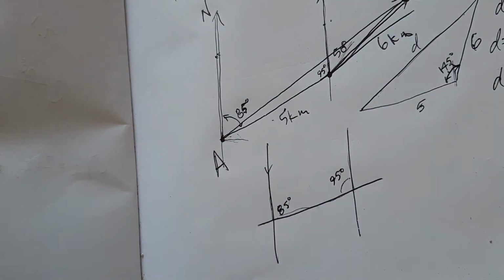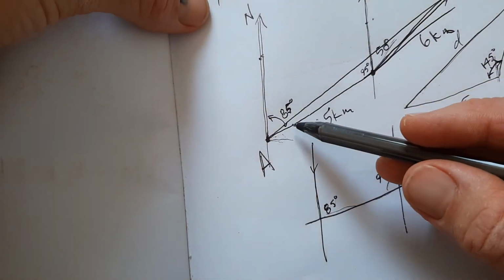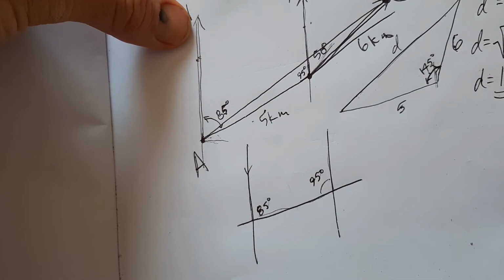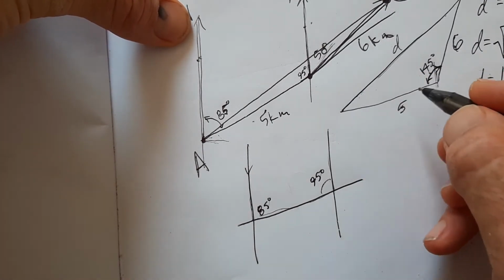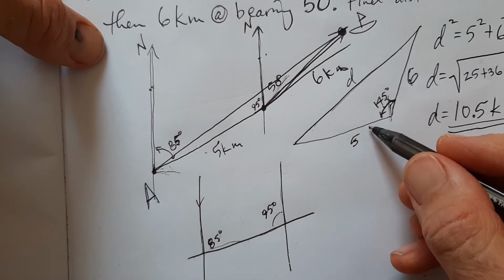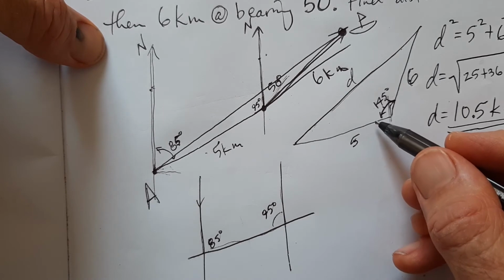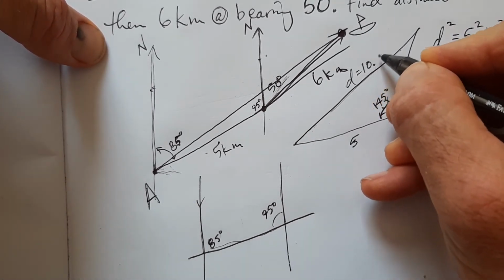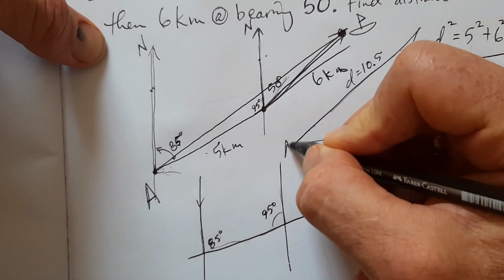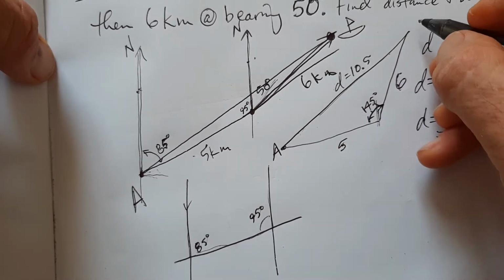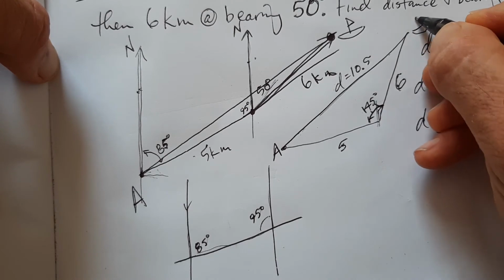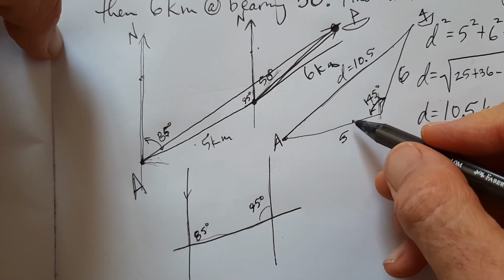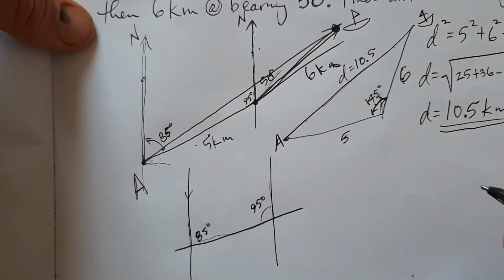Okay. Oh, and then we need to know the bearing from A to here. How do we get that? We know it's going to be less than 85. Oh, I bet I know. Let's go with this here again. Now that we know this is 10.5, this distance from point A to my boat, now what could I use?